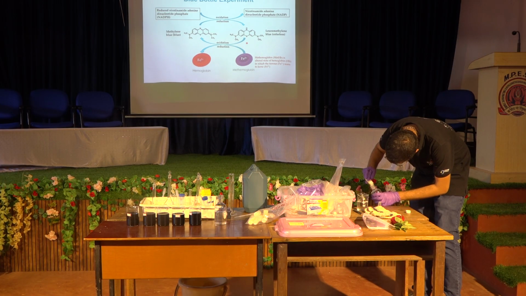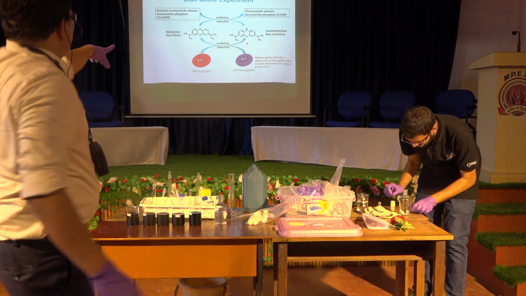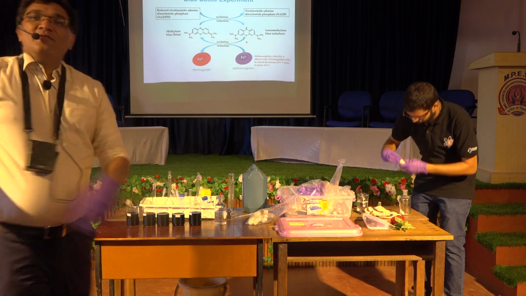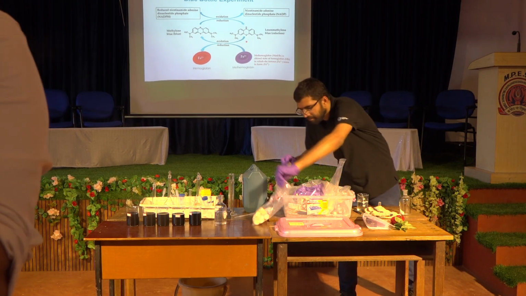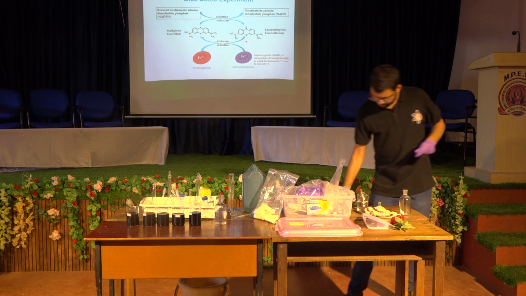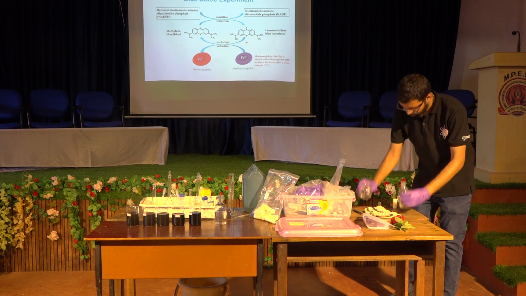Now, if the person has this particular disease, called methemoglobinemia, the blood cannot carry oxygen because the iron in the blood, which is typically 2+, ferrous, is converted to ferric. That's a disease.